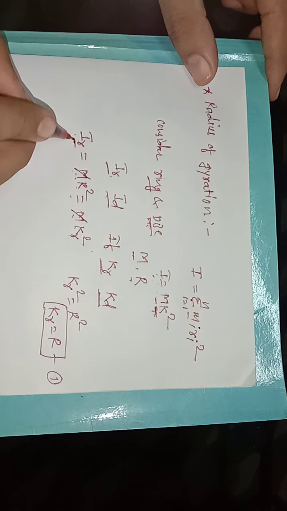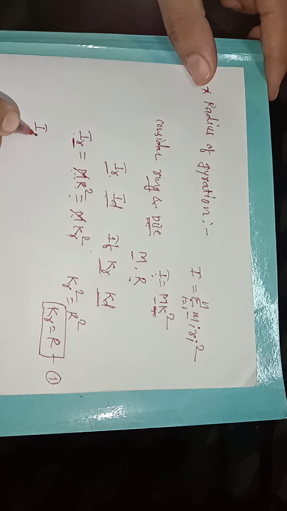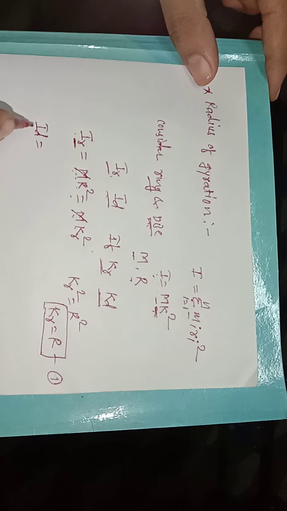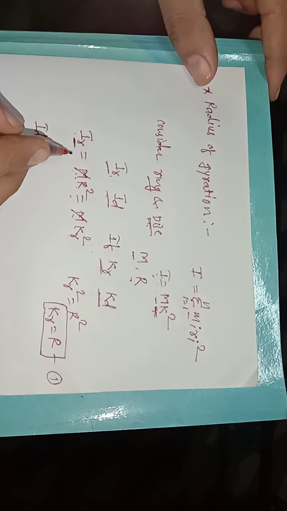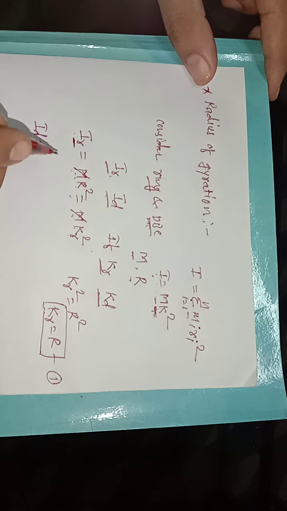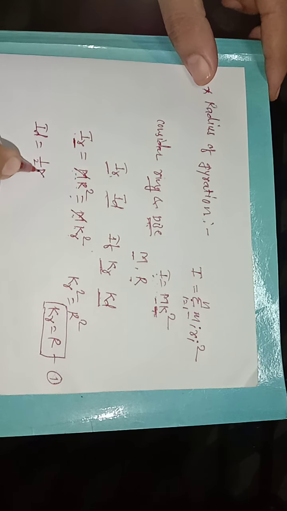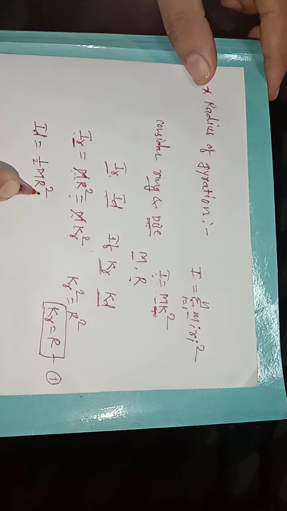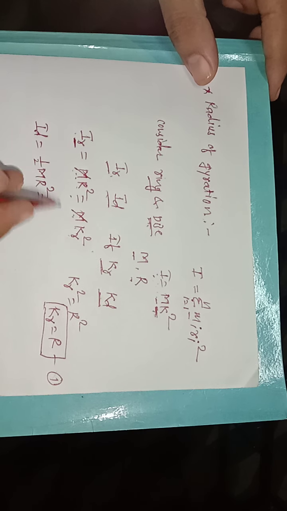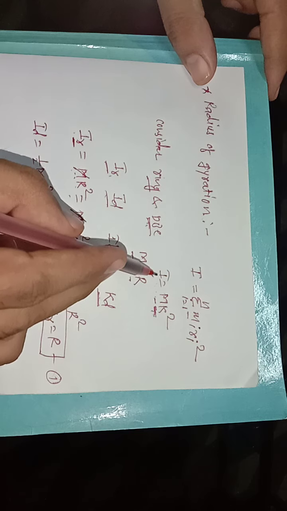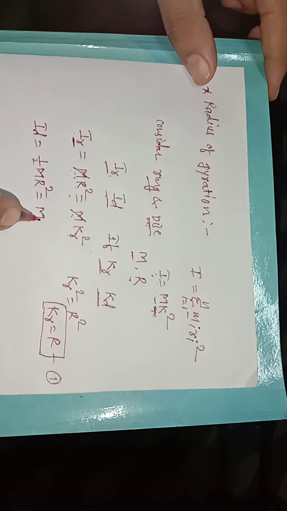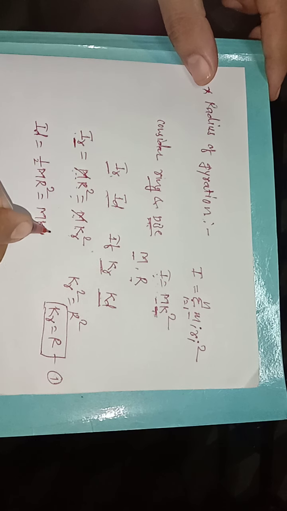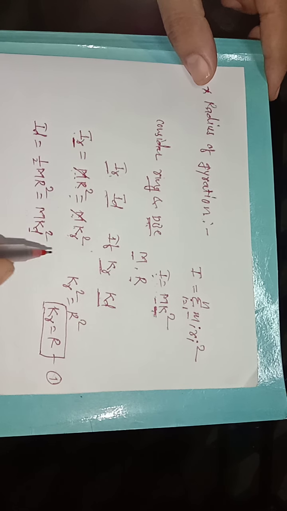In the same way for the disc. The moment of inertia of a disc about an axis passing through the center and perpendicular to the plane of the disc is given by the formula I_D is equal to half m r square. Applying I is equal to m k square, we write m K_D square.